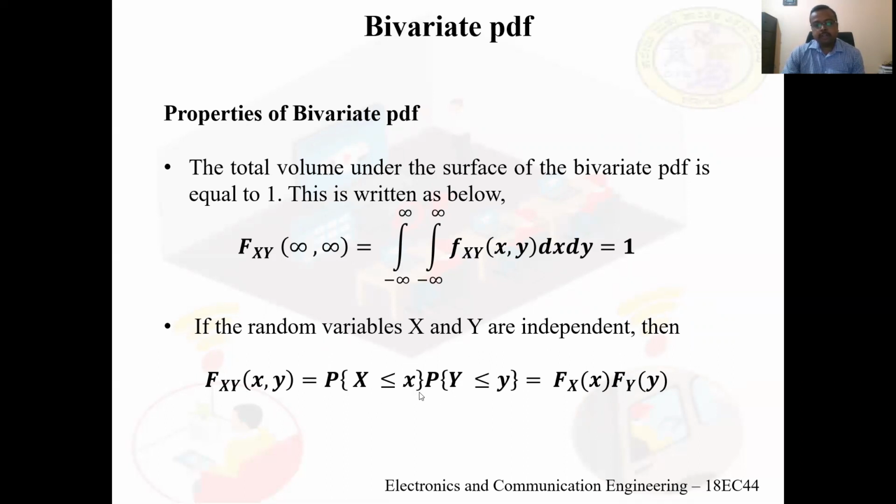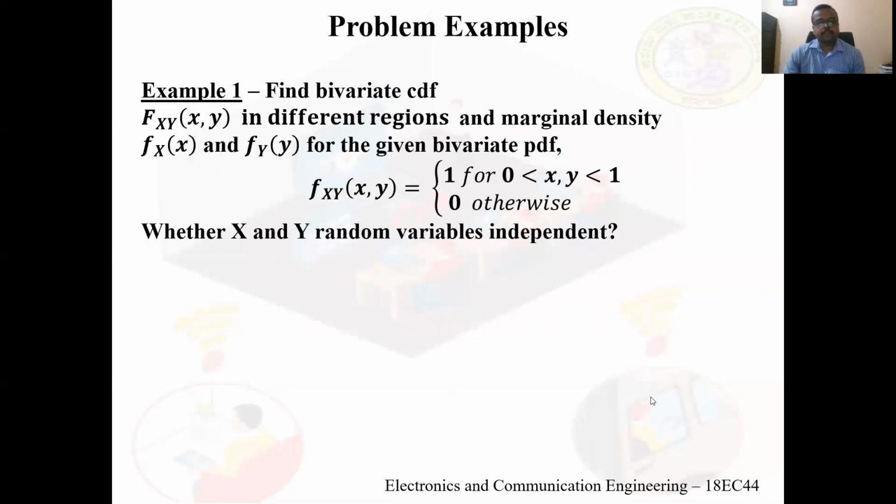From the definition of single CDF, the probability of X less than or equal to x is written as F_X(x), and the probability of Y less than or equal to y you can write as F_Y(y).